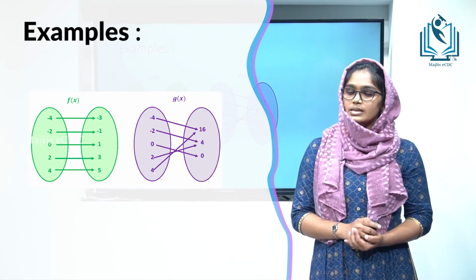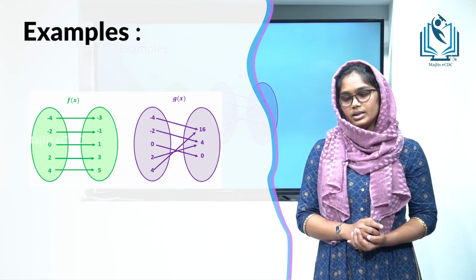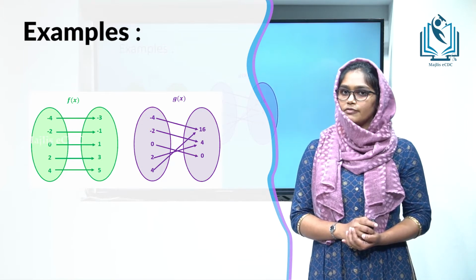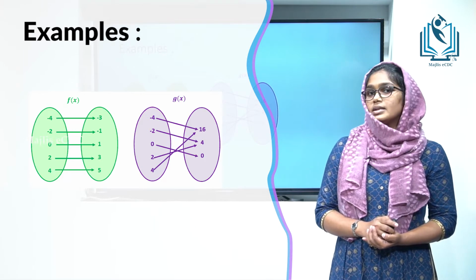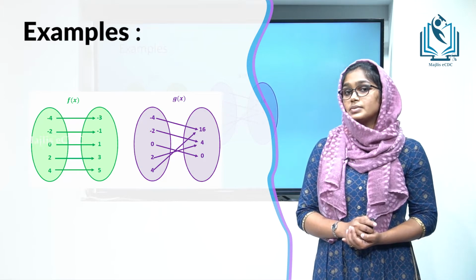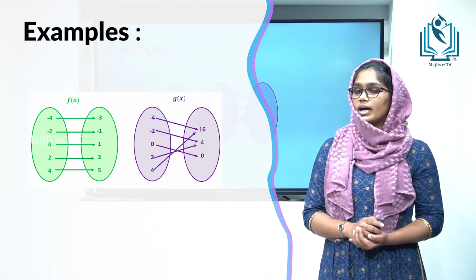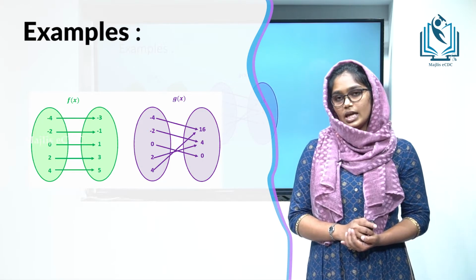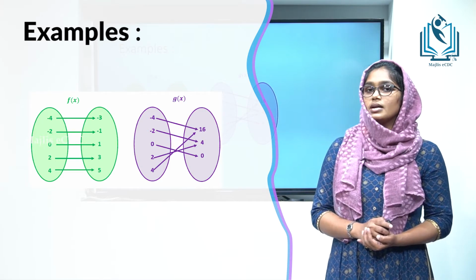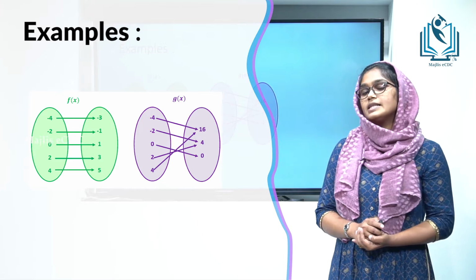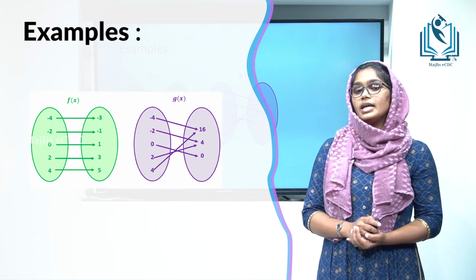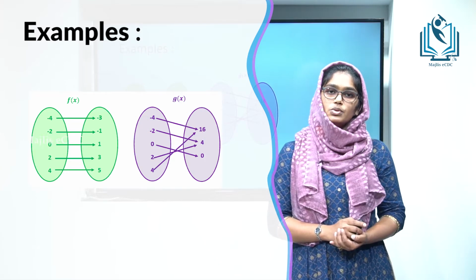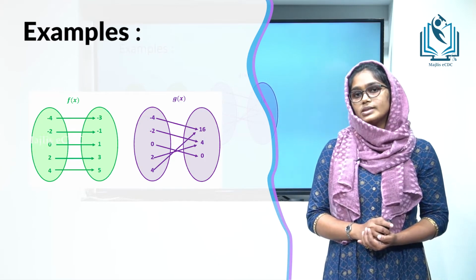Here, we take the same set A as the domain, that is -4, -2, 0, 2 and 4. Now, the set B is taken as 16, 4 and 0. Here, g of x is a function from set A to set B. Here, g of x maps -4 to 16, -2 to 4, 0 to 0, 2 to 4 and 4 to 16.